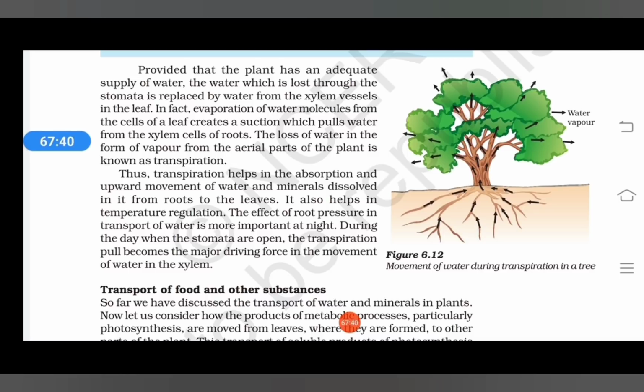Water and minerals dissolved in it move from the roots to the leaves. It also helps in temperature regulation. The effect of root pressure in the transport of water is more important at night. During the day, when the stomata are open, the transpiration pull becomes the major driving force in the movement of water in the xylem.